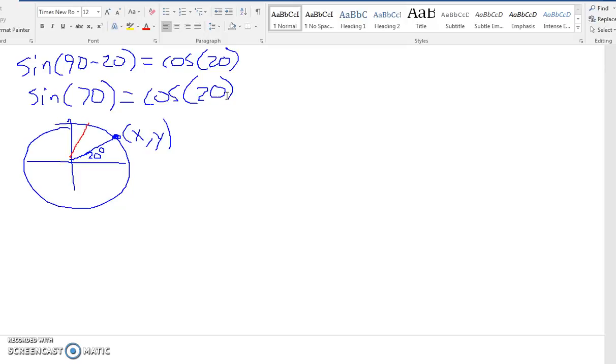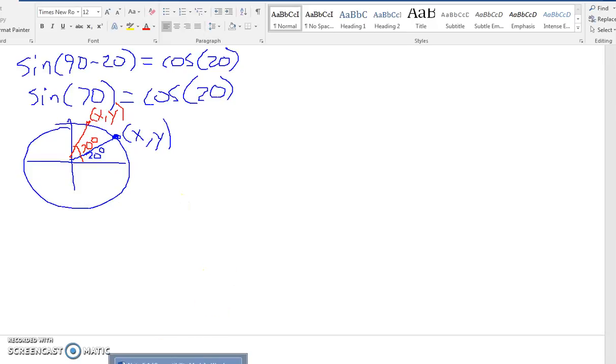Say that's 70 right there, that whole angle. That x value at 20 degrees will be the same thing that I get for y at 70 degrees. Did I say that the right way? What I get for x at 20 degrees will be the same thing that I get for y at 70 degrees.